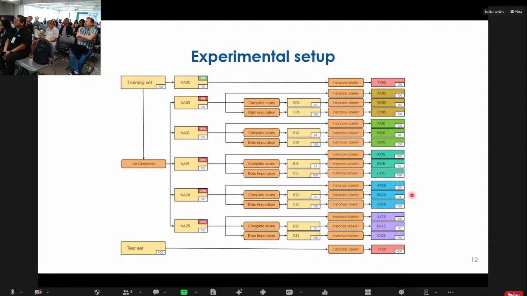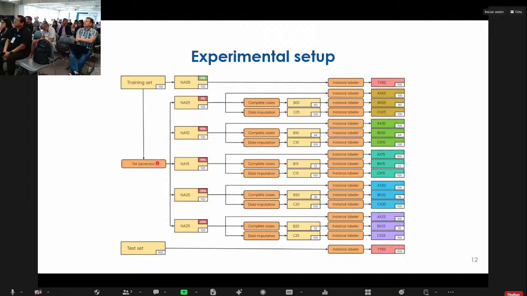For the experimental setup, here it can be a little clearer. NA00 is the complete training set, with 0% missing values and 100% of instances.